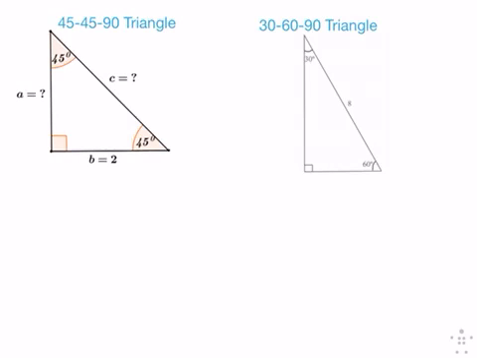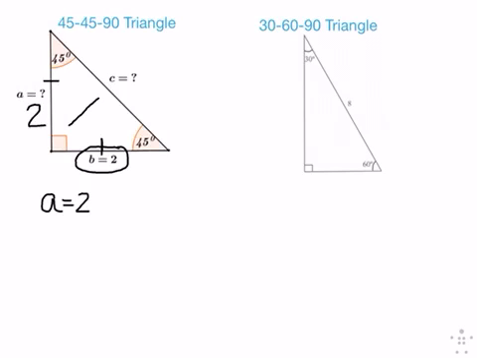So let's look at this 45, 45, 90 in the picture that I have. I have the length of one of the legs to be 2. Because it's an isosceles right triangle, the other leg has to be congruent. So in this picture, A would also equal 2, since it would be the same length.